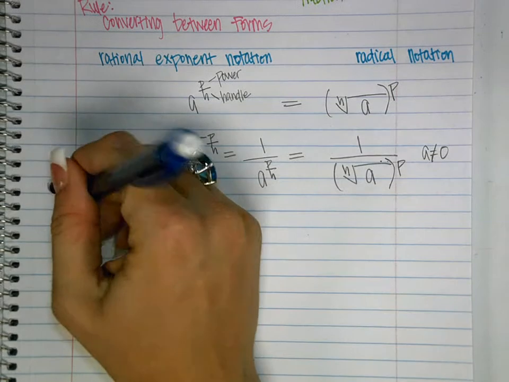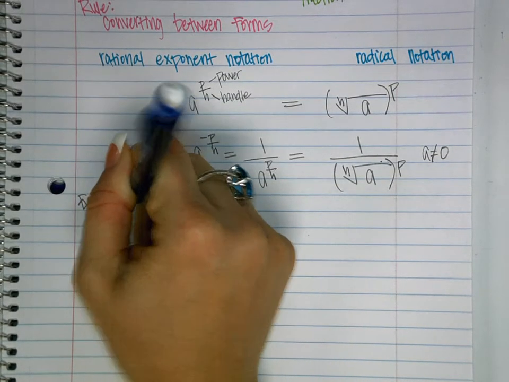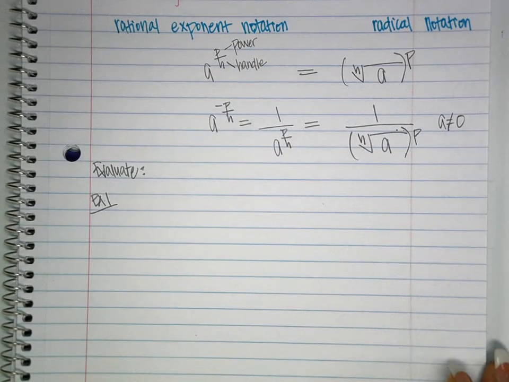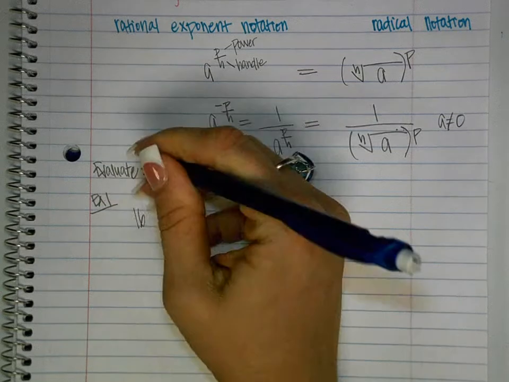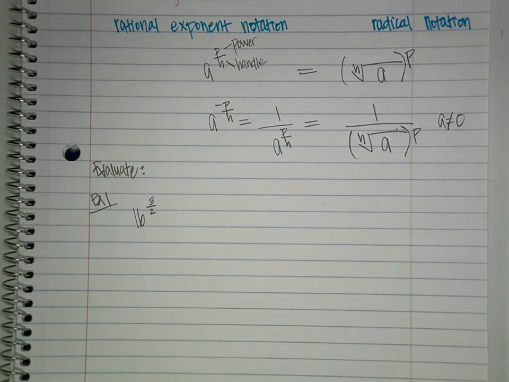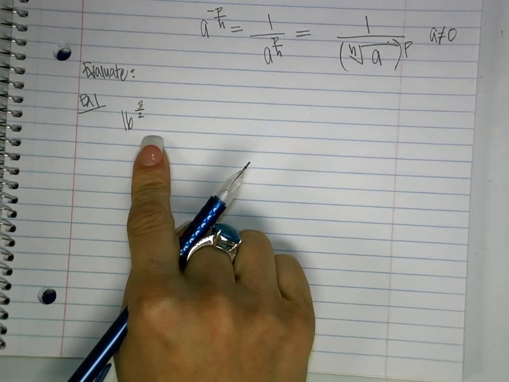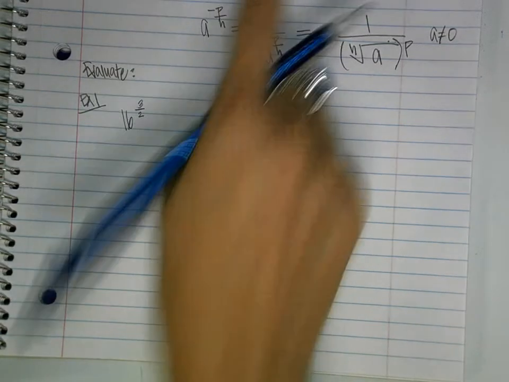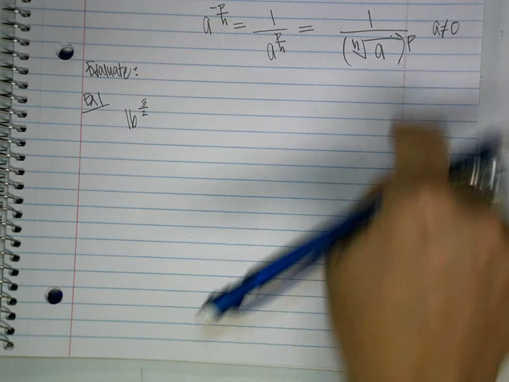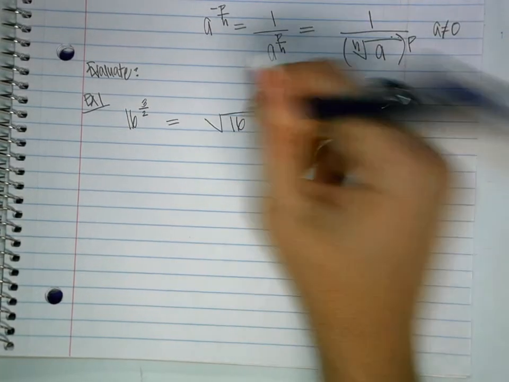What we're really going to do is evaluate. All your instructions are going to tell you to evaluate. For number 1, evaluate 16 to the 3/2 power. To evaluate that, we switch from rational exponent notation to being underneath a root. You put the 16 under the root.